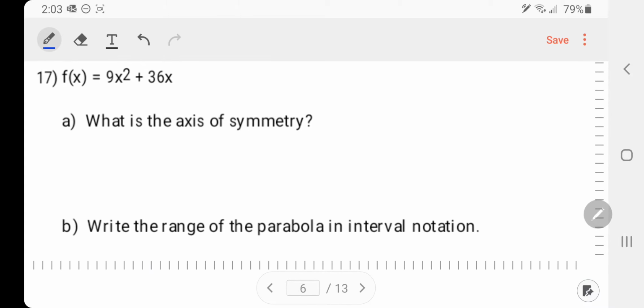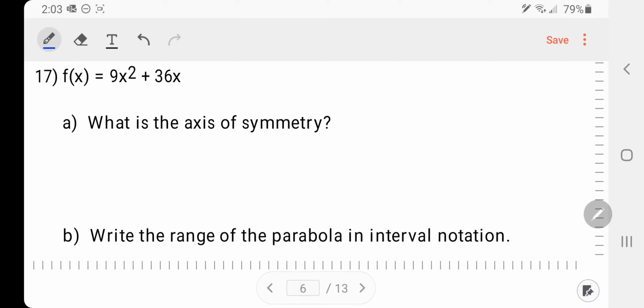Next, number 17. What is the axis of symmetry? Well, the axis of symmetry formula is actually x equals h, which we know is the x-coordinate of the vertex. So another way to say that is the axis of symmetry is x equals -b over 2a, since that gives us h.